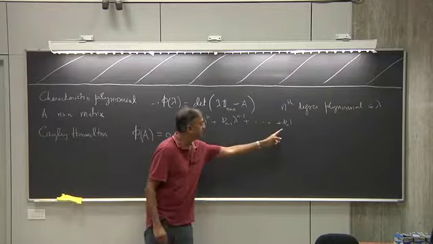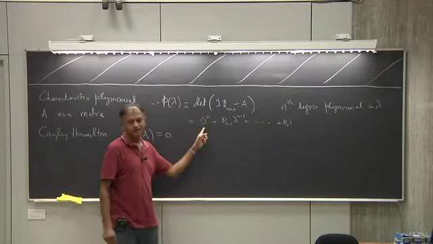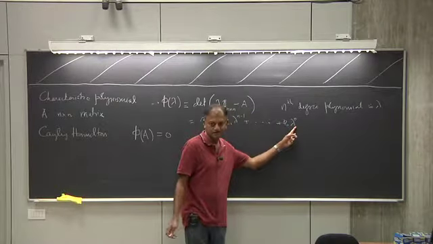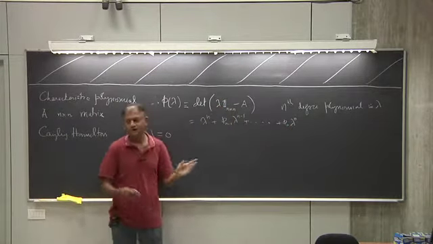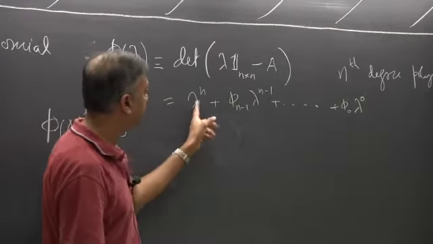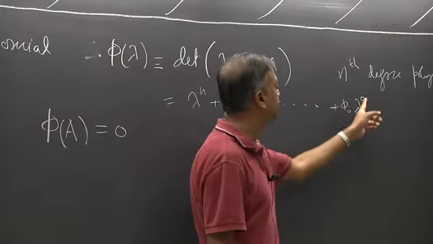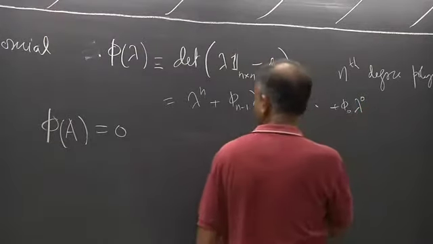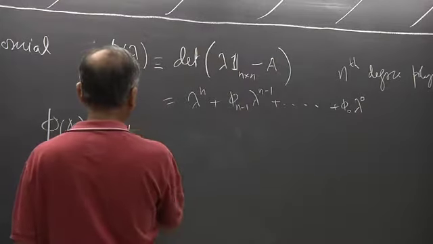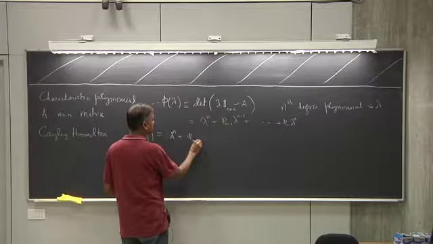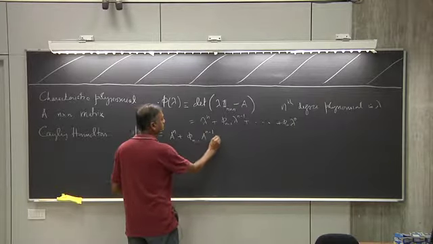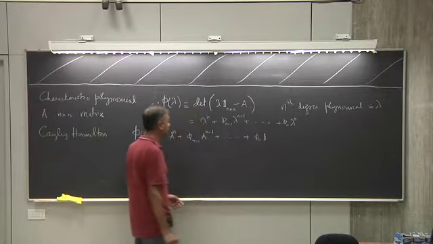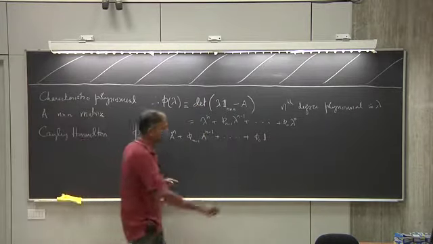You take this polynomial, and wherever you find lambda, you replace it by A. The constant term you can think of as lambda to the power of 0, since 1 is the same as lambda to the 0, and A to the 0 is 1, just a convention. So we are saying A to the n plus phi_{n-1} A to the n minus 1, plus all the way up to phi_0 times the identity matrix, and the statement is that this is 0. That's what the theorem is.